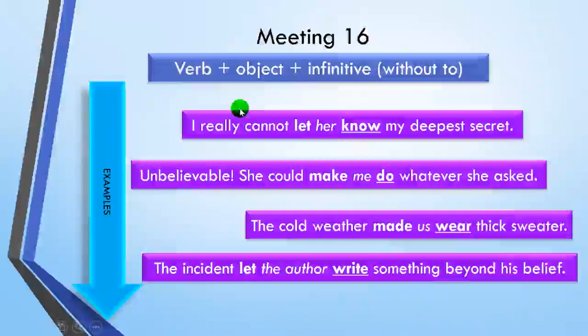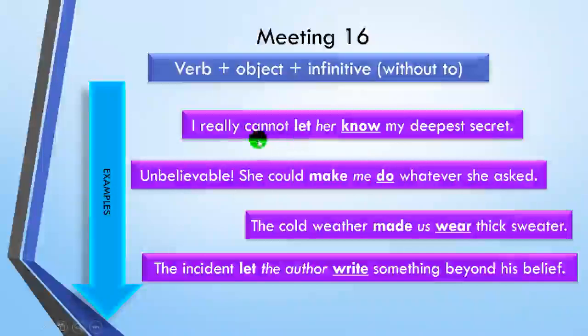Please pay attention here because the only verbs that you can use for this pattern are let and make. After that, you need to use an object after let and make, and then you follow it with the infinitive but without to. So, I really cannot let her know my deepest secret.